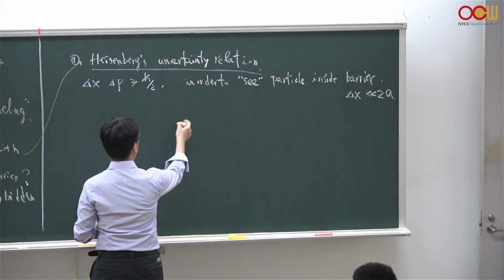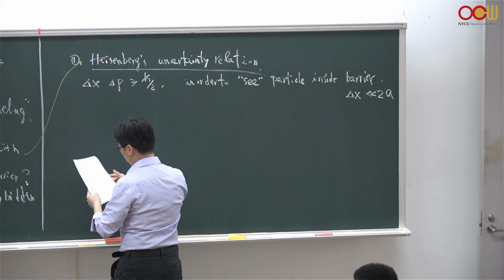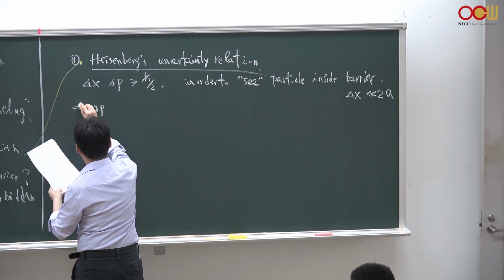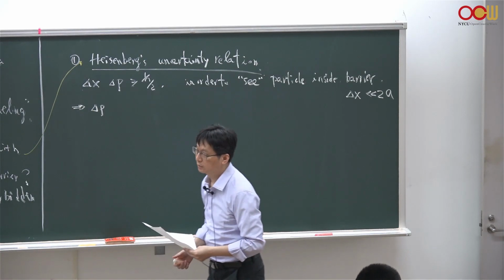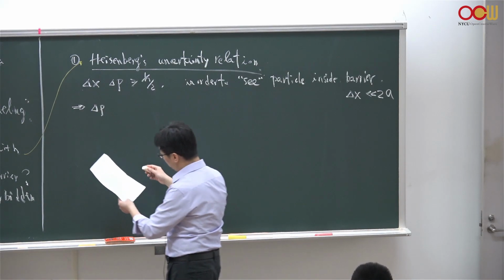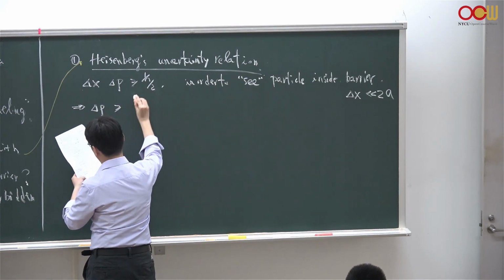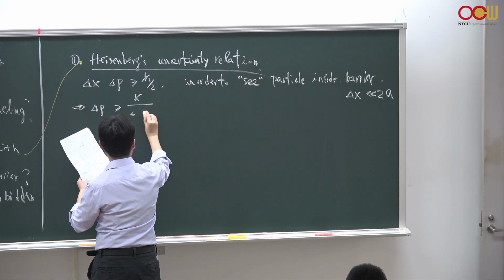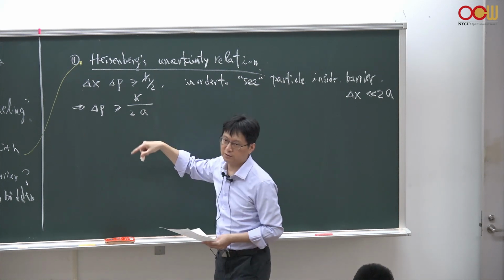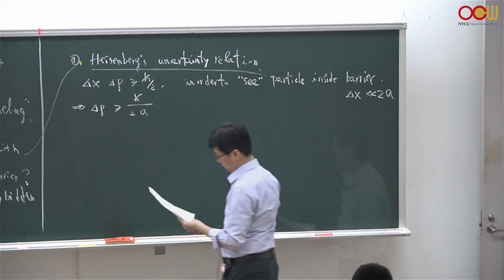Great. But from this Heisenberg relation, you immediately see that delta p, the uncertainty in determining the momentum of this particle inside the barrier, should be much larger than this value, h bar over 2a. Okay, so approximately. You don't care about this factor of 2 or 1/2. Great.